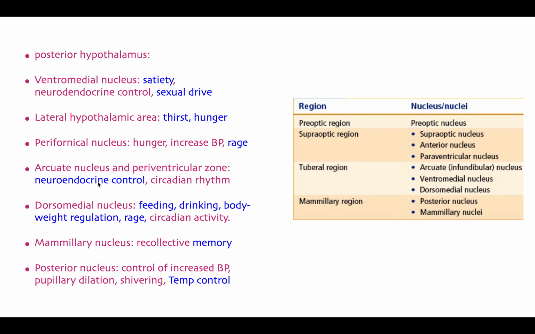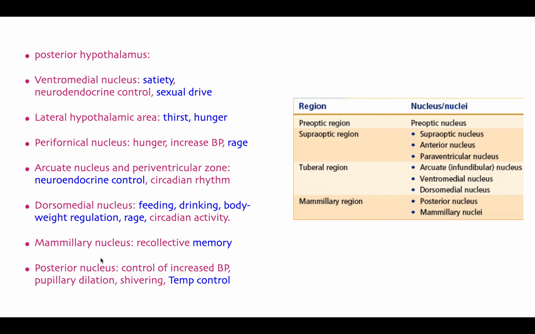The arcuate nucleus in the periventricular zone is going to control the neuroendocrine system and the circadian rhythm. The dorsomedial nucleus is going to be responsible for feeding, drinking, body weight regulation, rage, and circadian activity. Not quite so much as the suprachiasmatic nucleus, but there is some control.